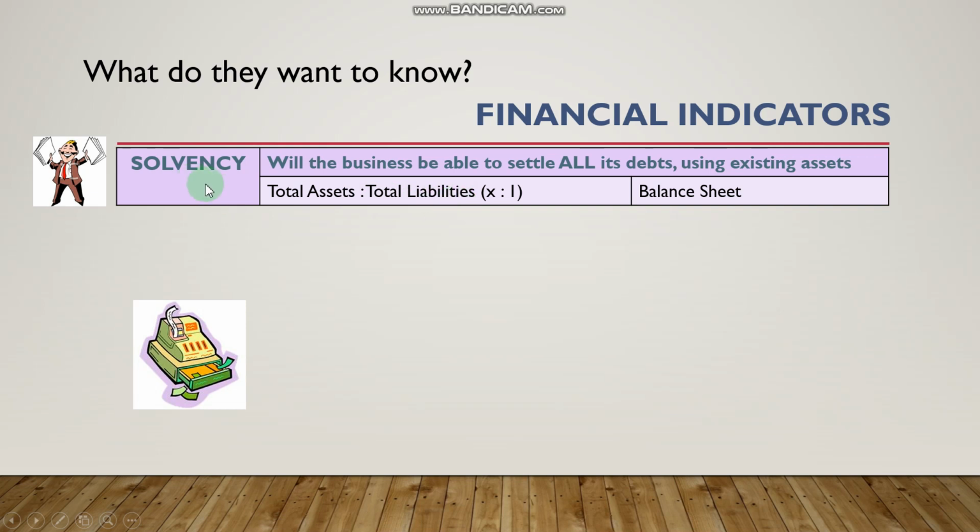And solvency wants to know, will I be able to settle all my liabilities using my existing assets? Existing assets, my total assets. I'm not looking at just one thing. I'm looking at my non-current assets plus my current assets. So that is basically what solvency is addressing.